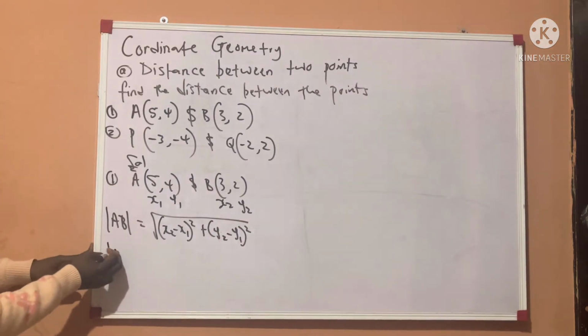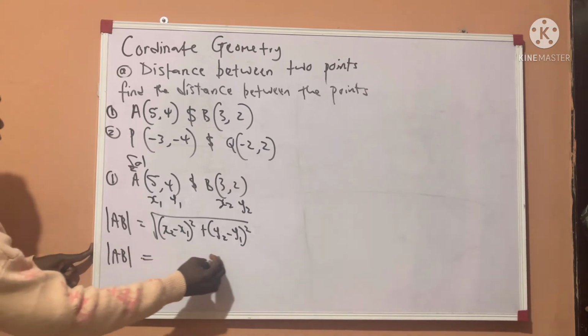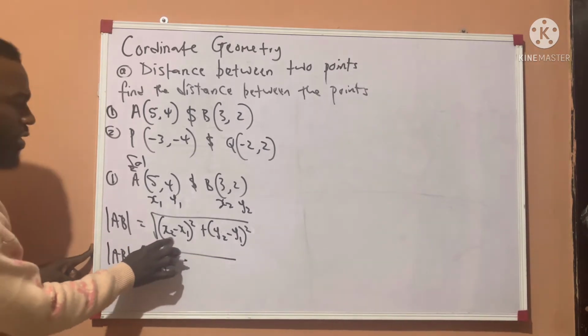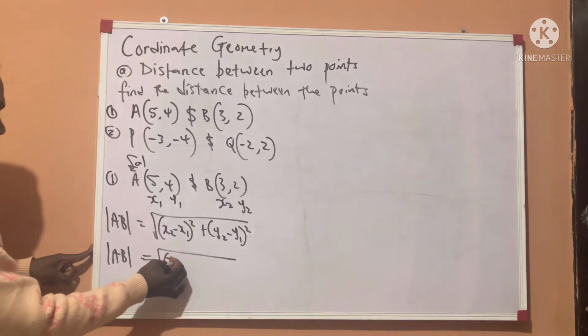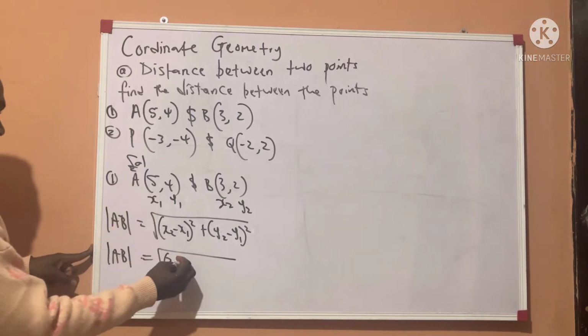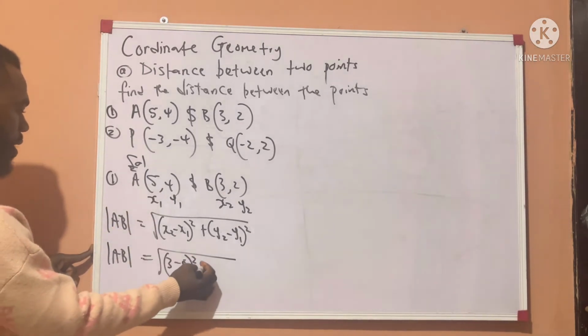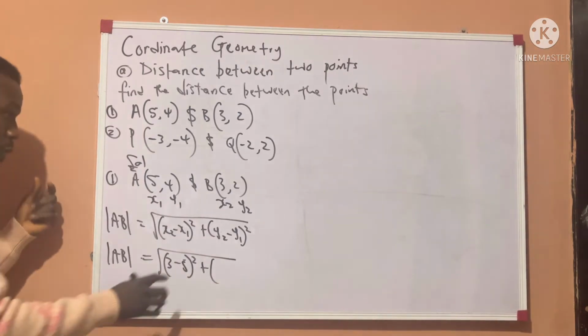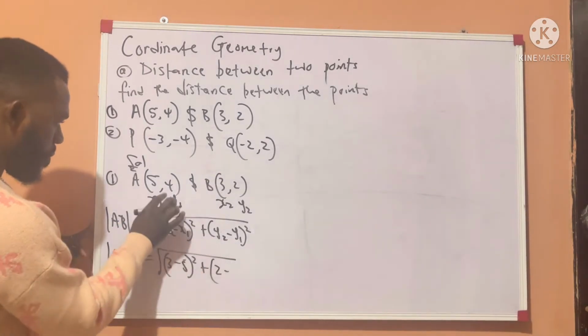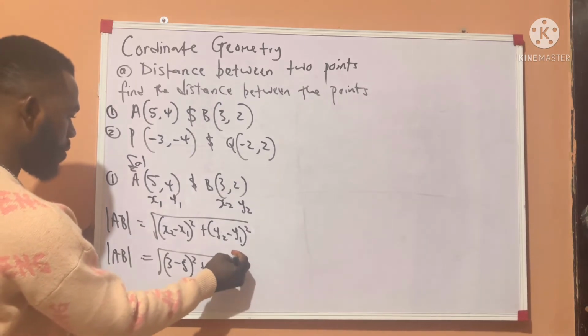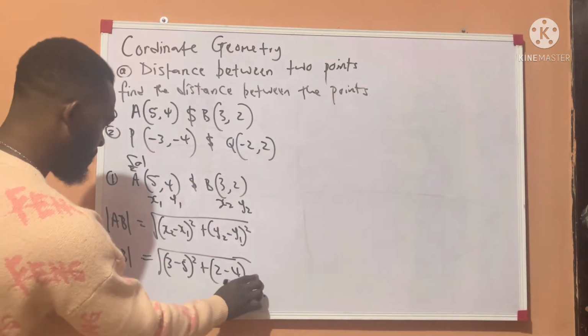Now let us substitute the values. The distance between A and B becomes the square root of x2, which is 3, minus x1, which is 5, all squared, plus y2, which is 2, minus y1, which is 4, also all squared.